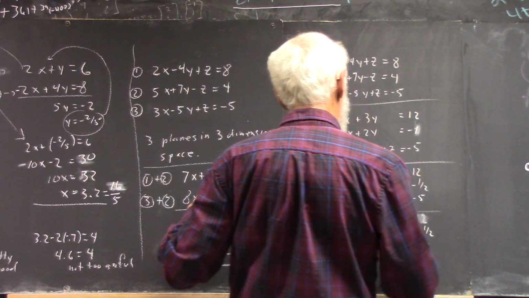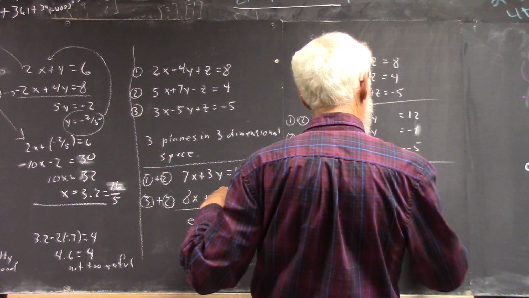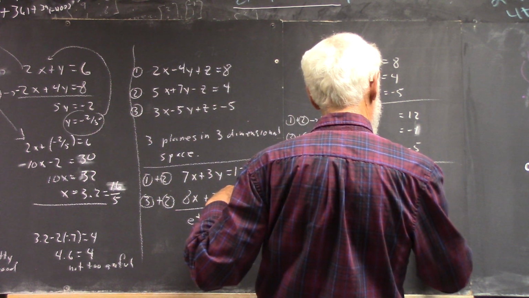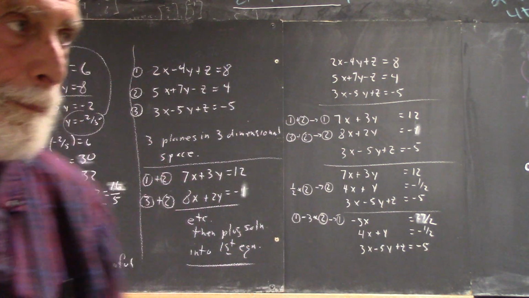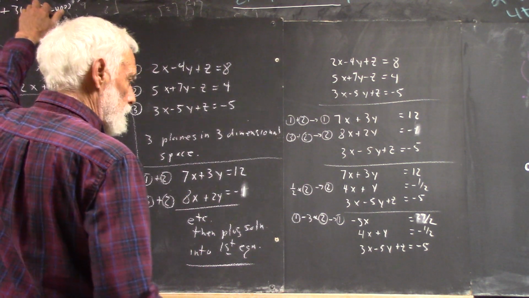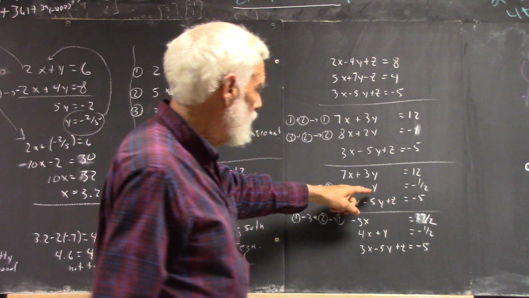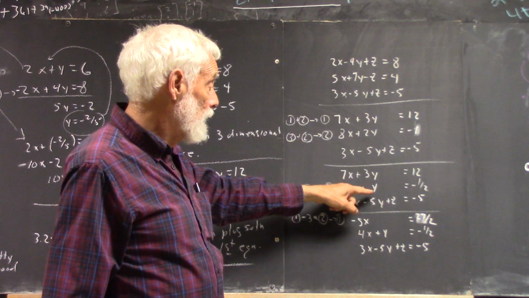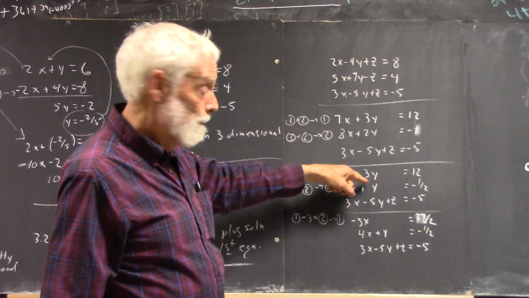Did it again where I caught myself. If you do the arithmetic, maybe I got it right, maybe I didn't, but that's what we do. And you see the advantage of having a 1 in front of the y here is that it makes it easy to figure out what to do to eliminate y up here.